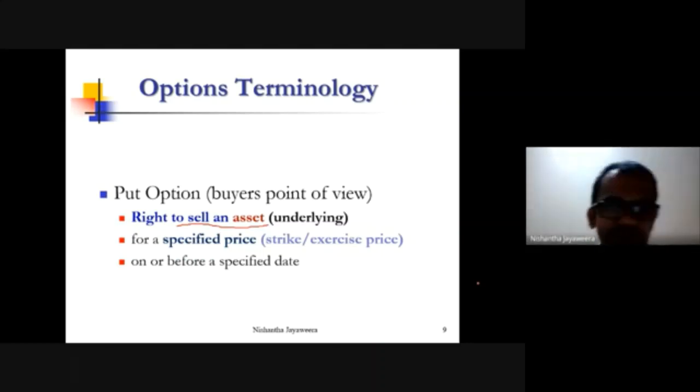Only the difference is whether you buy the asset or sell the asset. The price and the time period have to be defined in the contract. That's the key. Is it clear?